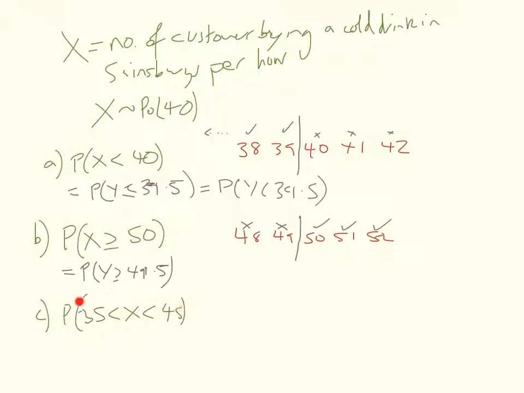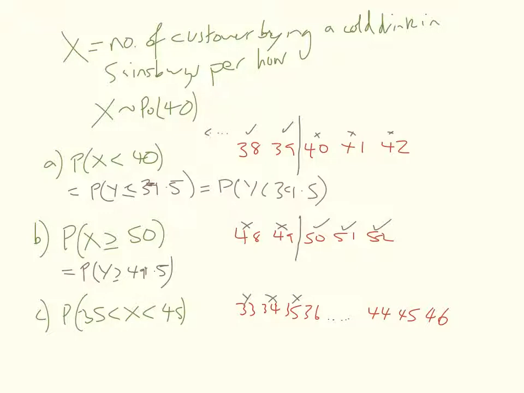Let's have a look at this final example here with a kind of double-ended probability. So I'm going to draw the numbers around 35 and 45. So 33, 34, 35, 36, up to 44, 45, and 46. So what are the numbers that we want? Well, X is greater than 35, so we don't want 35.